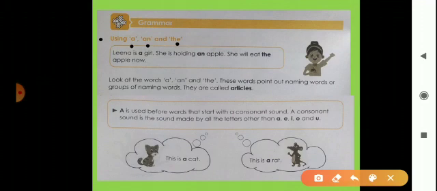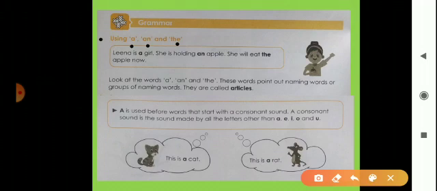Now, look at the words a, an and the. These words point out naming words or groups of naming words. They are called articles. As I told you, these are articles: a, an, and the.